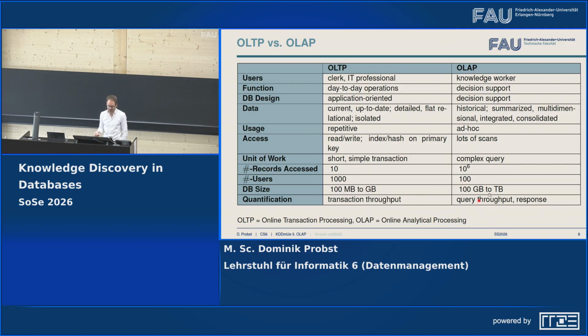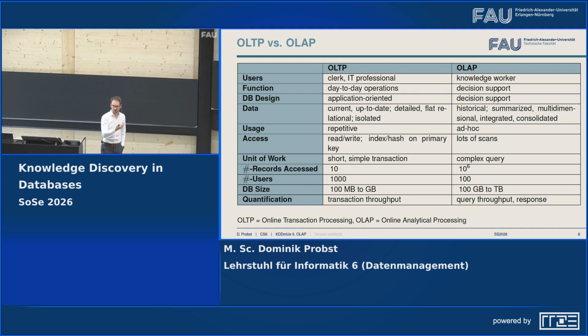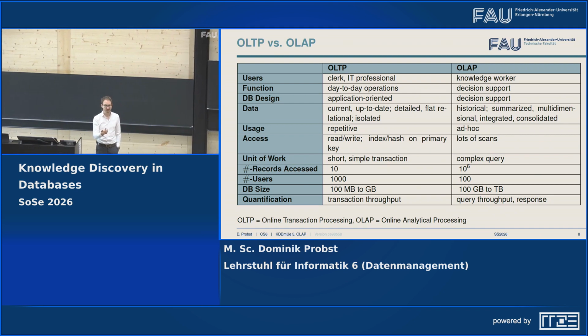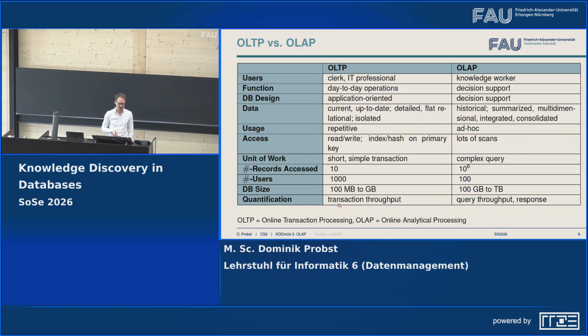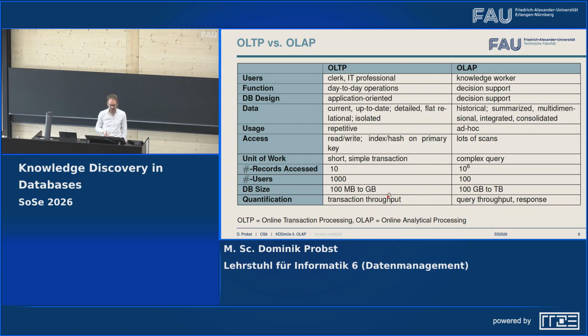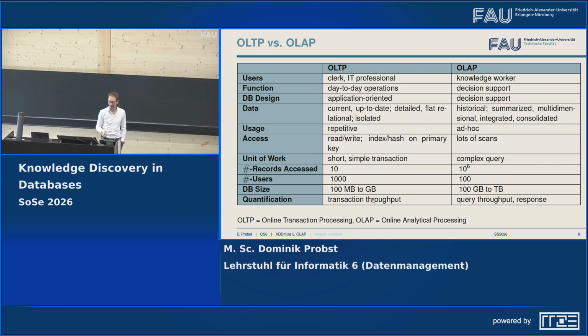And since it's historical data, these tend to be a lot bigger than the OLTP databases, since it stores the data of a lot of OLTP databases in one OLAP database. Here we do not try to find a good way to process a lot of transactions in parallel, but we try to process bigger queries at the same time. So in OLTP we have a lot of smaller transactions. In OLAP we have a lot fewer transactions, but bigger transactions.